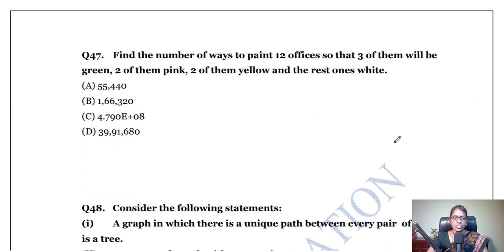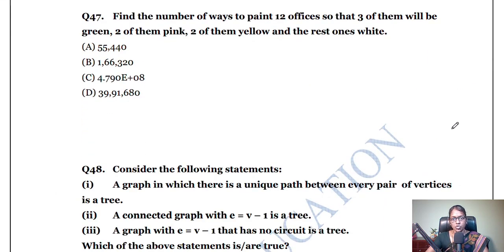The next question is: find the number of ways to paint 12 offices so that 3 of them will be green, 2 of them pink, 2 of them yellow, and the rest white. Rest means the remaining will be colored white.